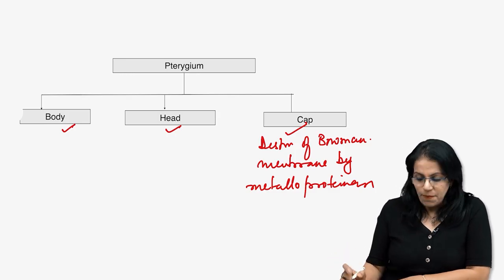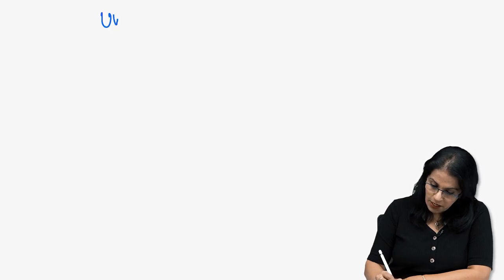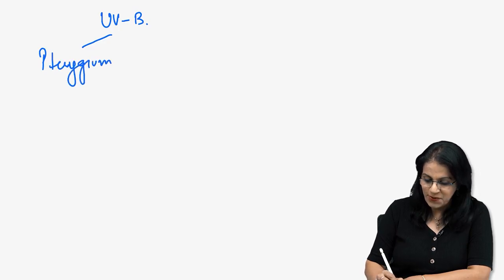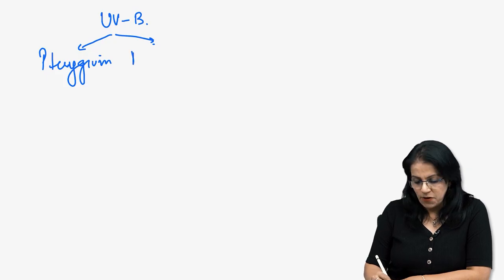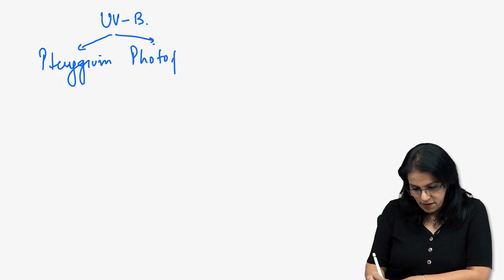Okay. Now, before I move further, one more thing to discuss: you are just saying that UVB rays cause pterygium. What is the other effect of UVB? They can ask you. They have asked you. Remember anyone? Photophthalmia. What is photophthalmia also known as?